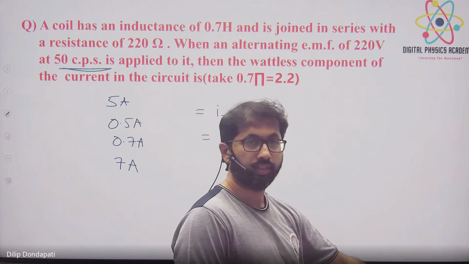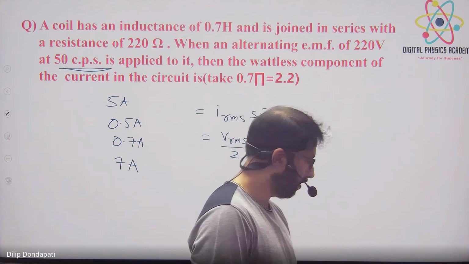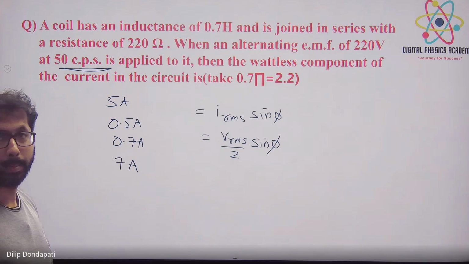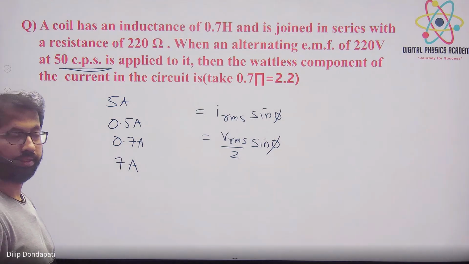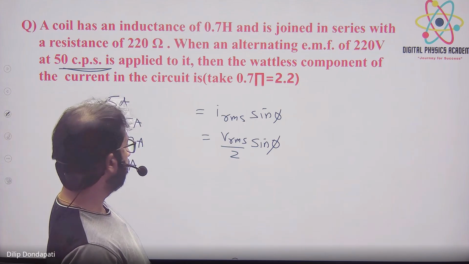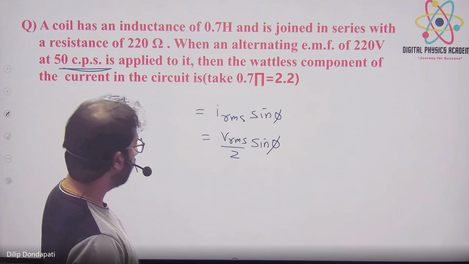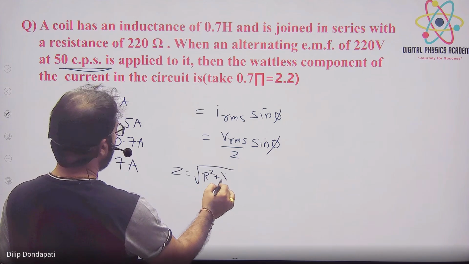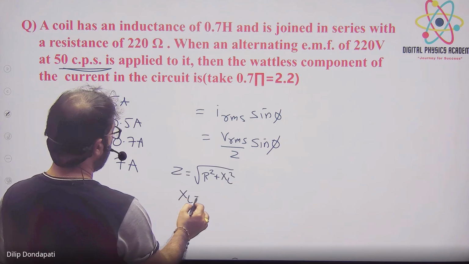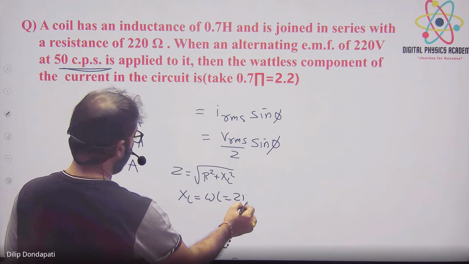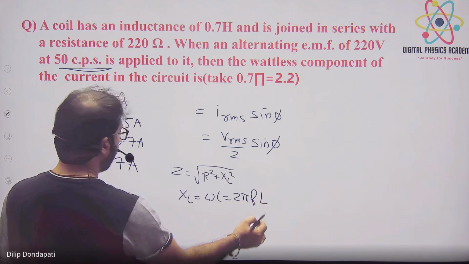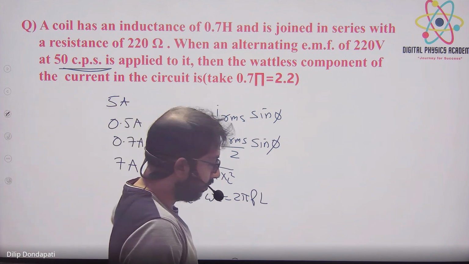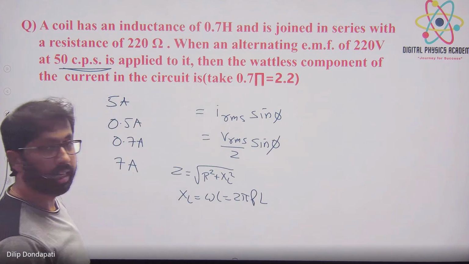Not got till now? हाँ करो करो। Z is equal to under root R square plus XL square, and XL is omega L, that is equal to 2 pi FL। Sin phi value, how much you got, Satvik?